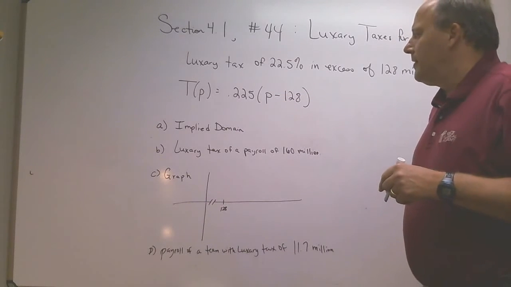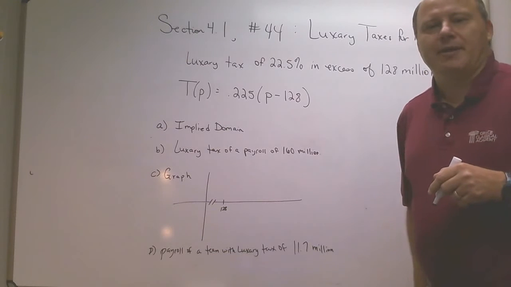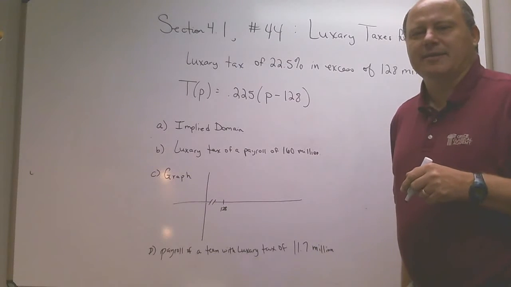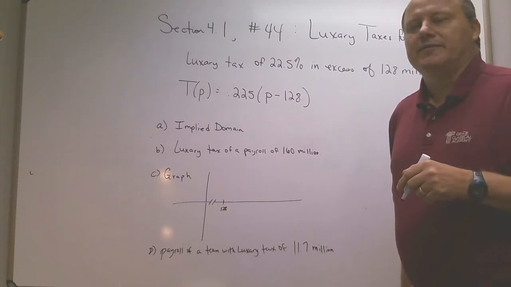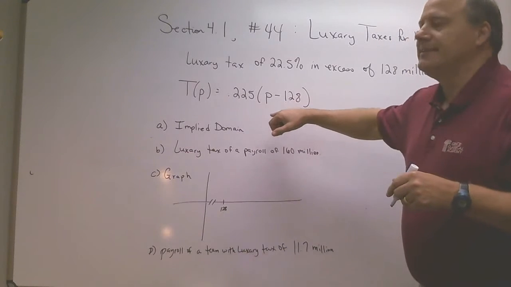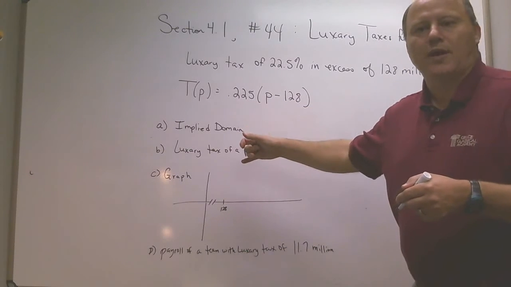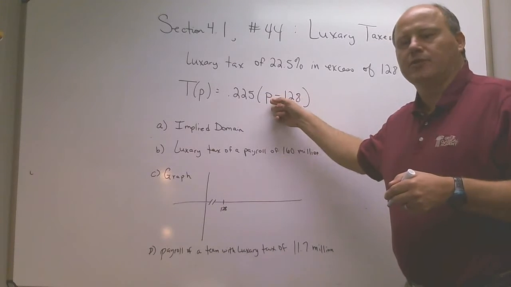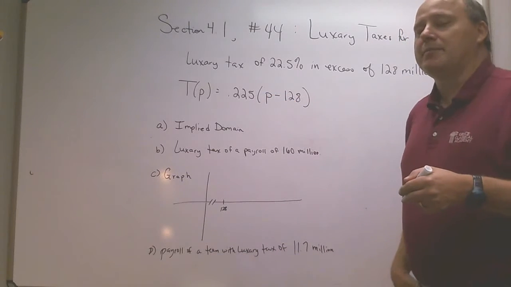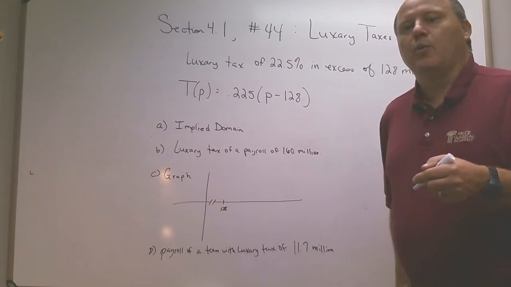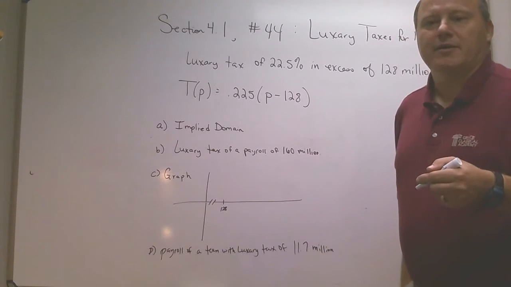So the implied domain. The word implied probably gets some people because they think, what does that mean, implied? Well, it's basically just the domain. It's just what is the domain of this function. This problem doesn't apply when it's like 120 million or 100 million.